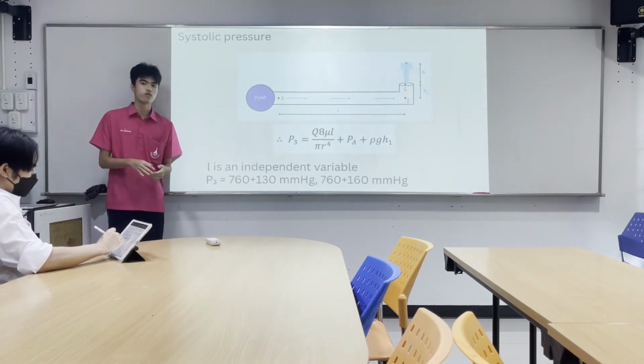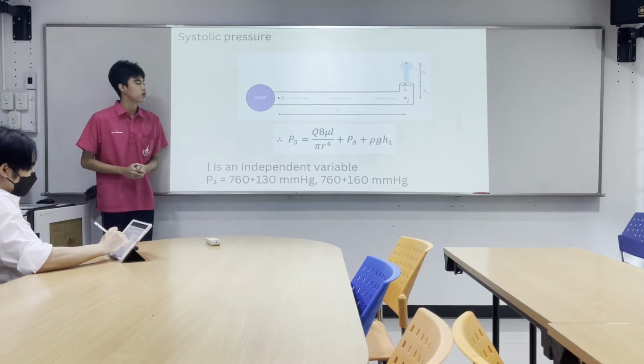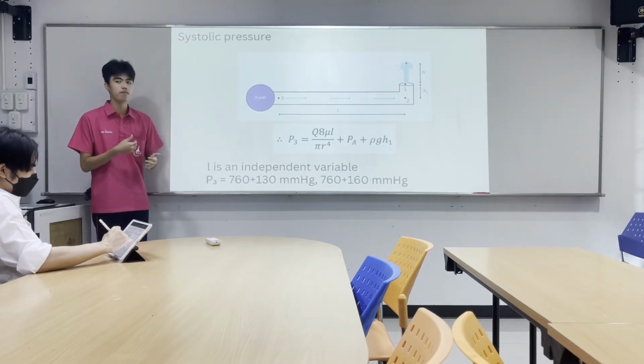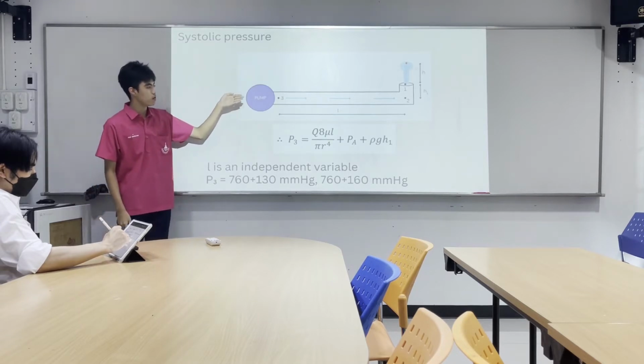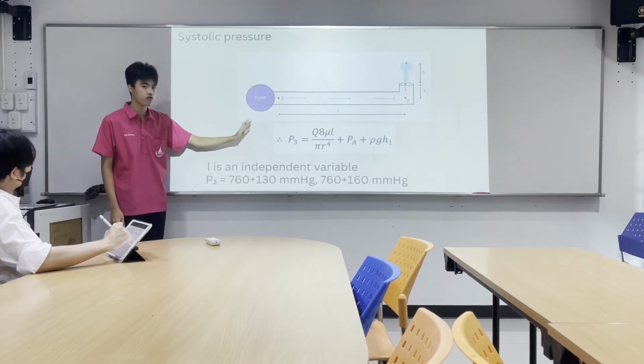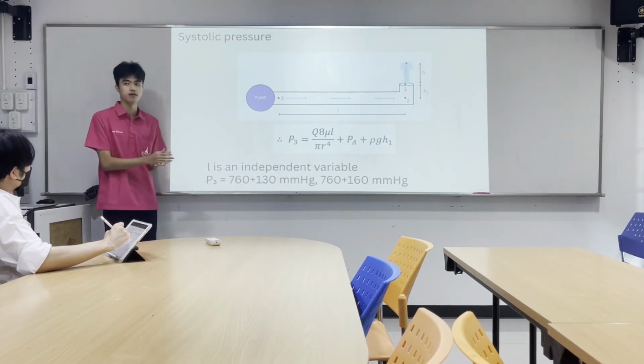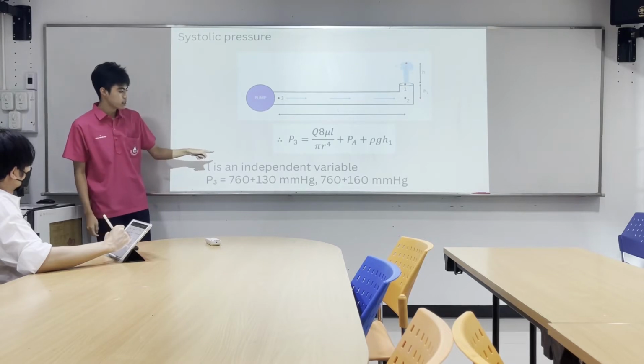I want to find the systolic pressure first. Here there is a pipe and the pump, and when I pump the water out, it will go down. It follows this formula, and I will prove it later in the analysis part, but for now I will just use it. L is an independent variable.